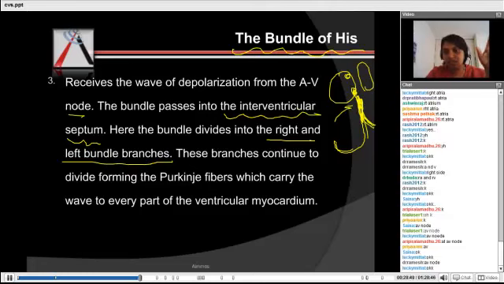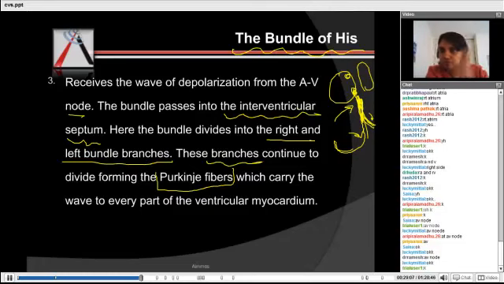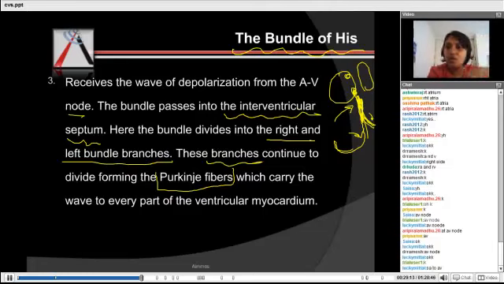These branches continue to form the Purkinje fibers that carry the wave to every corner of the ventricular myocardium. So that is how the impulse is traveling. The impulse is coming from the SA node, it is delayed at the AV node, and then it travels quite fast in the bundle of His.